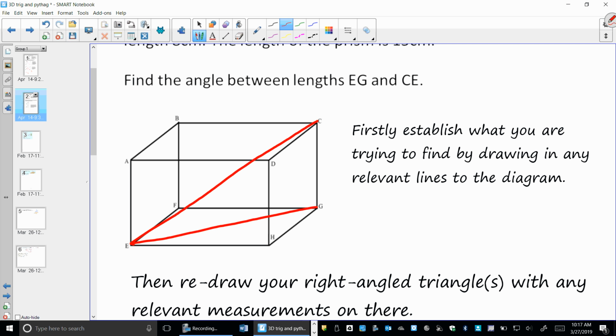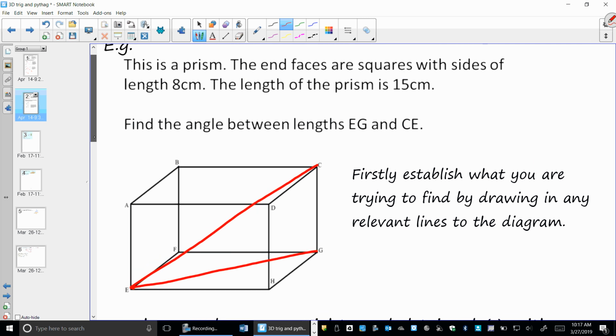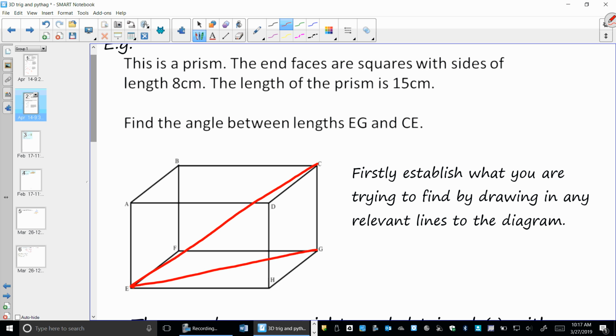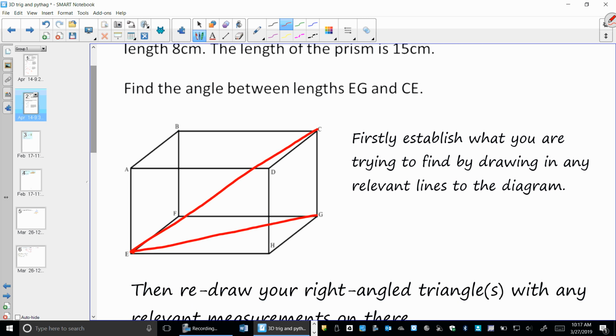we should probably do some labeling of the information they've given us. So they told us that the end faces are squares of side length 8. So that means that these are all 8. And then this would be 15, and so with these bits here.